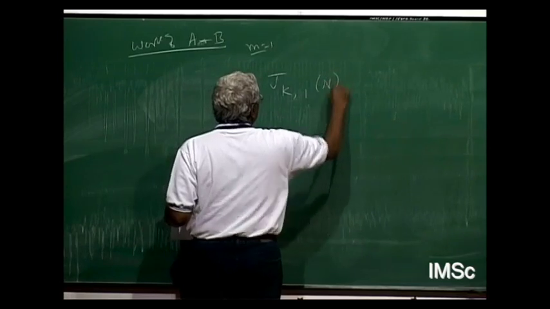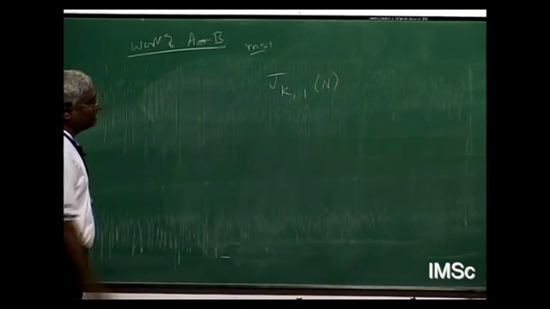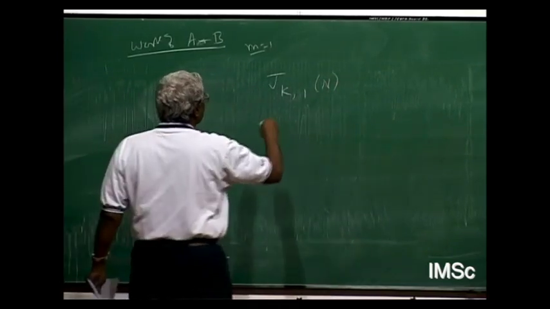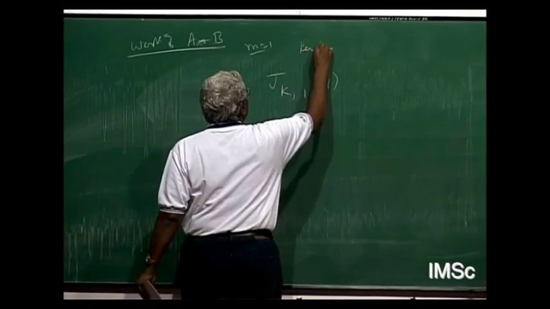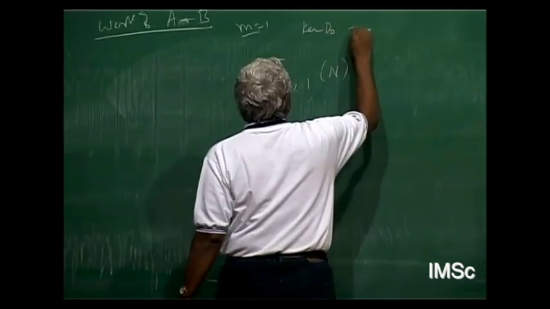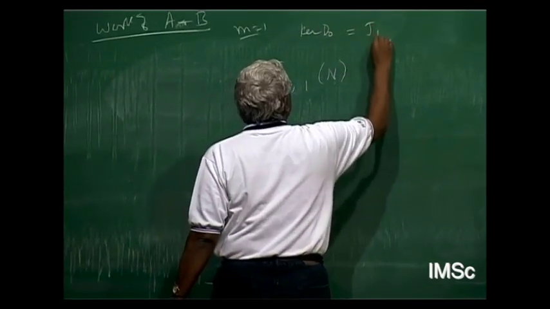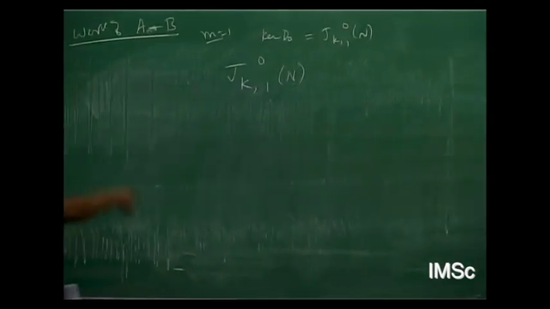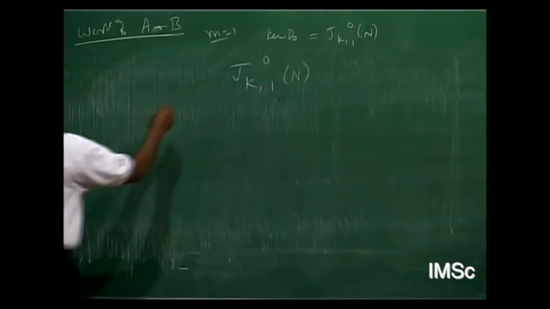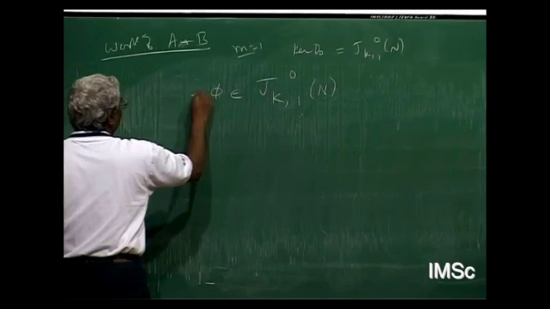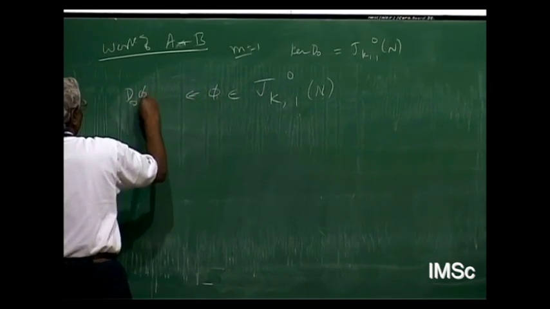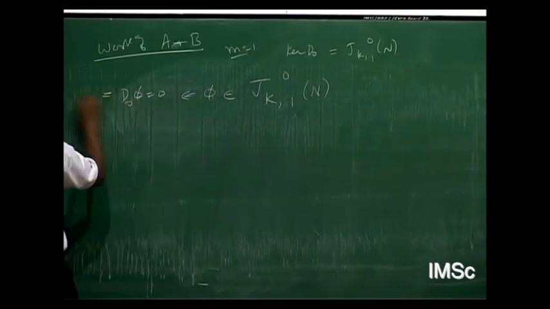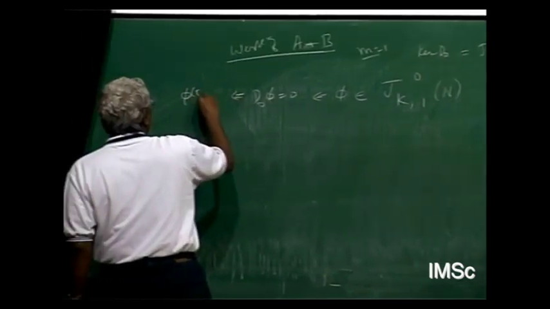J_{k,1}(N), and then we have D naught, and take the kernel of D naught on this space as J_{k,1}^0(N). So that is the kernel. So for any phi in it, this implies D naught phi is 0. It is nothing but phi(tau, 0) is 0.